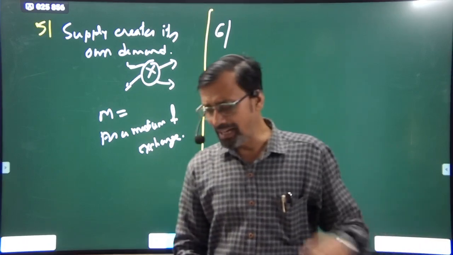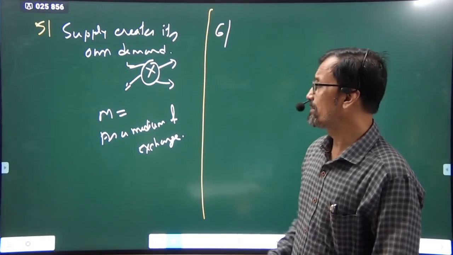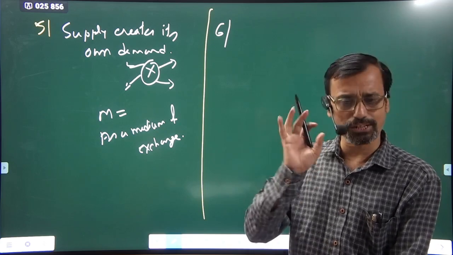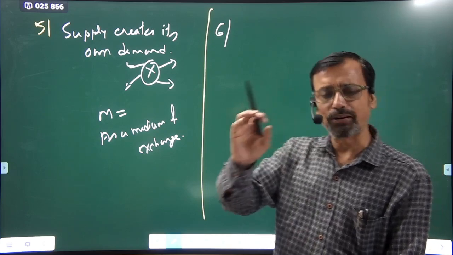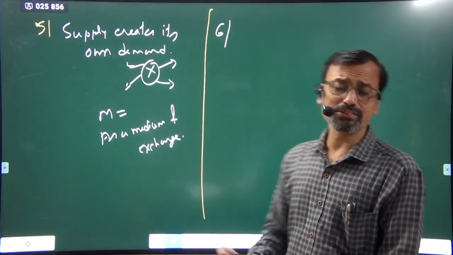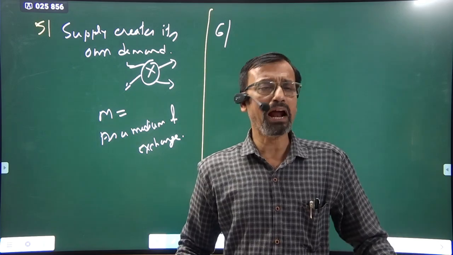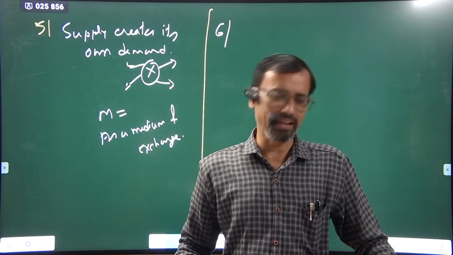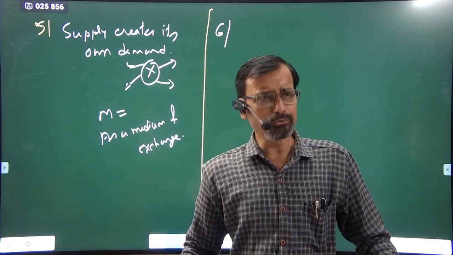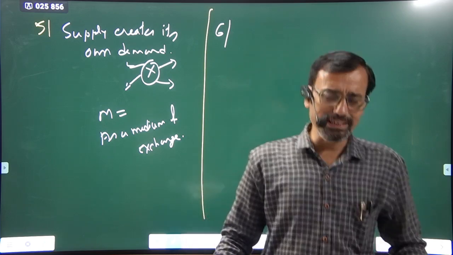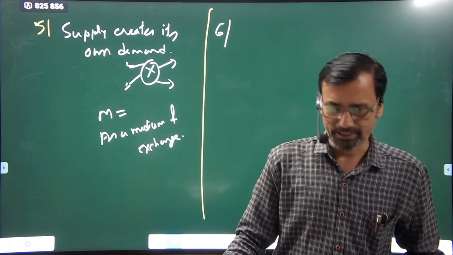So that is why as per Keynesian, money is demanded not only for the transaction motive but also for the speculative motive. Because people want to save their money for uncertain events that might happen in their life. This is the natural tendency of human beings to save something.